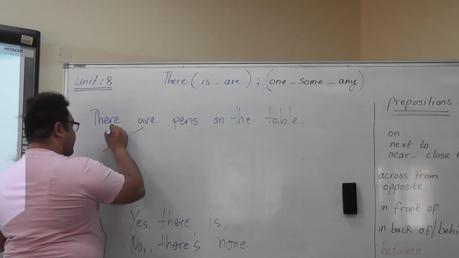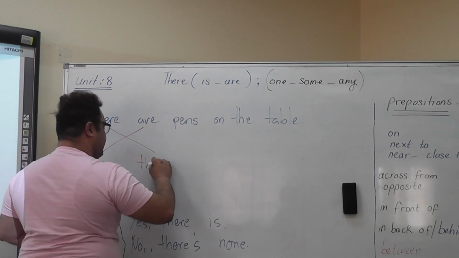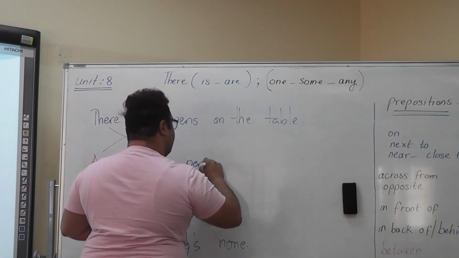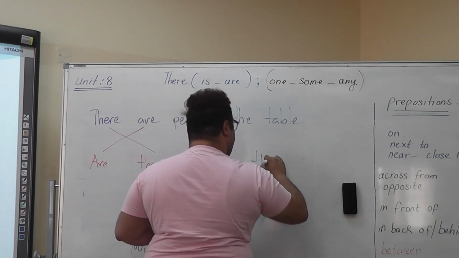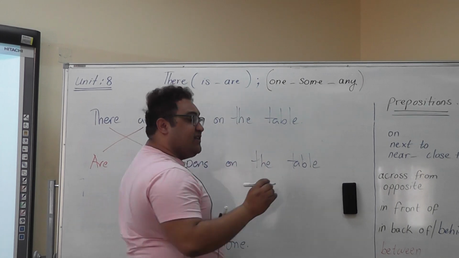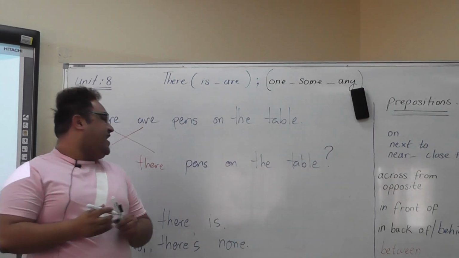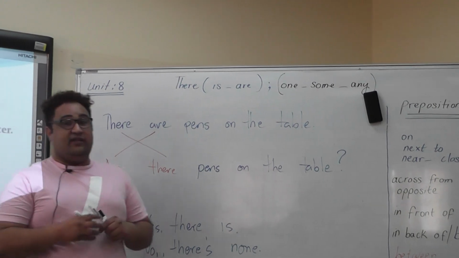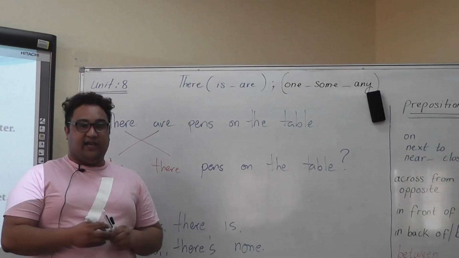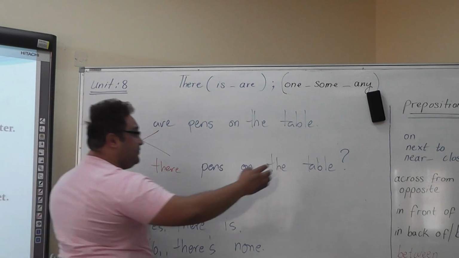So again, drop, are there pens on the table? And since this is a question, never ever forget your question mark. Okay? So there are pens on the table. This is a sentence. Are there pens on the table? This is a question.